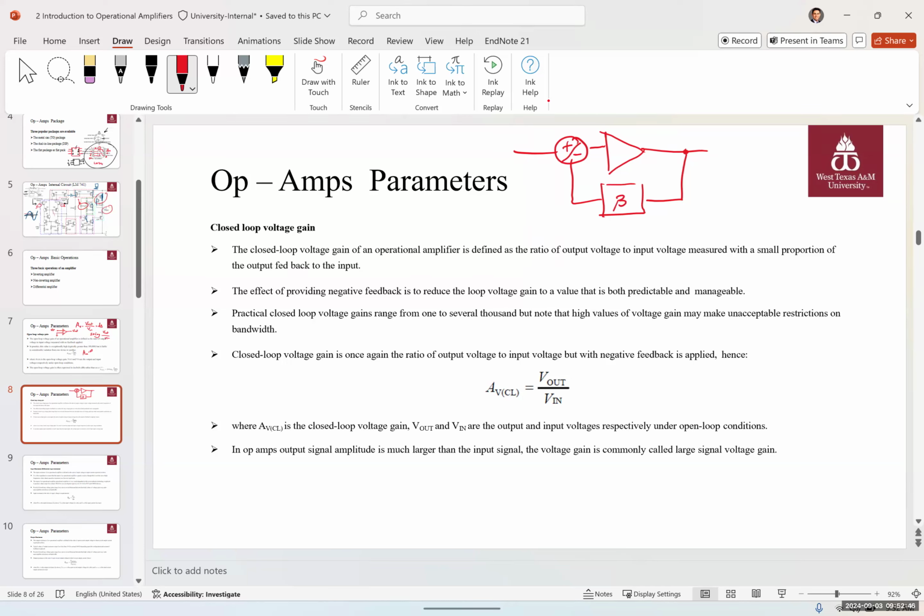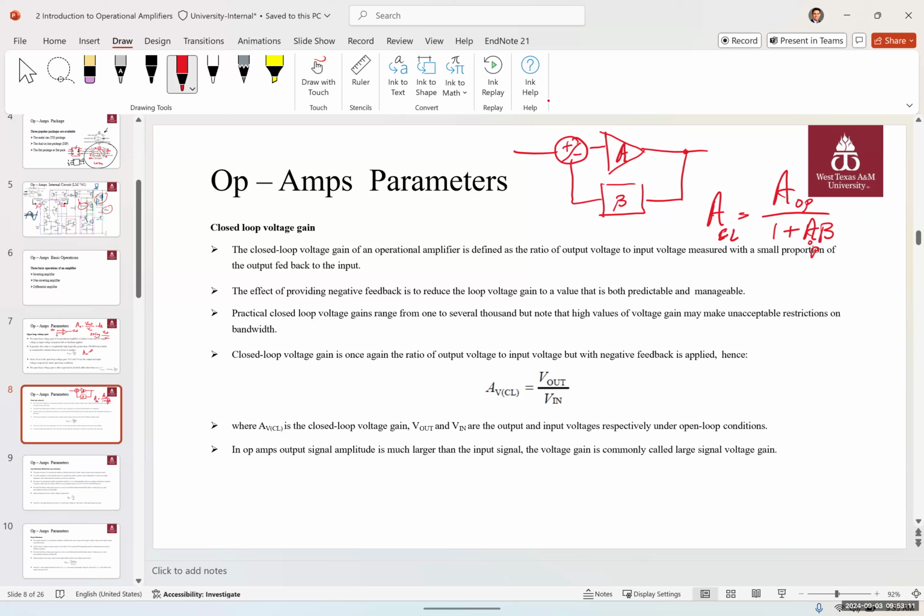If the gain of the feedback is beta and the main gain is A, the gain would be equal to A over 1 plus A beta. This would be the gain of the closed loop. I'm going to call it ACL, and A is the gain of the open loop.